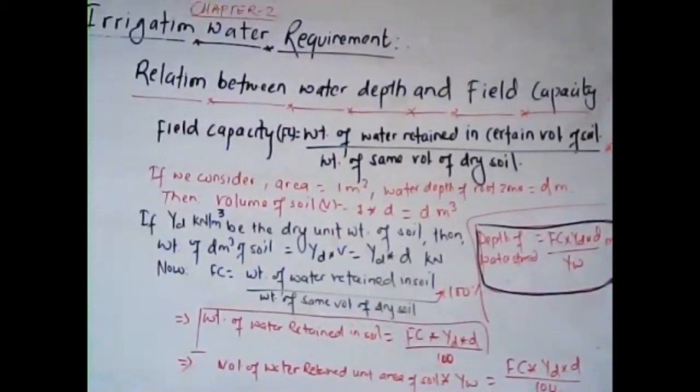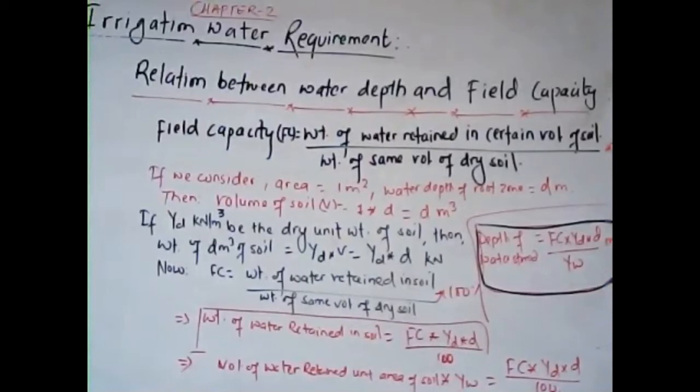So the weight of d cubic meter of soil equals gamma d into volume, equals gamma d into d, which we receive in kilonewton.